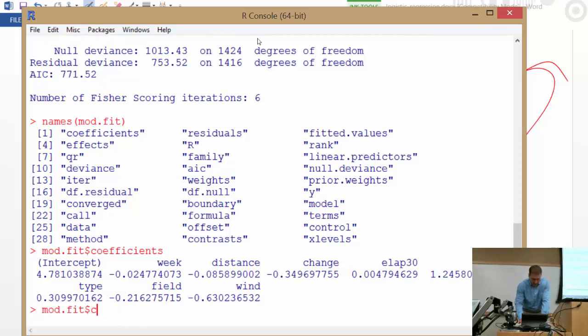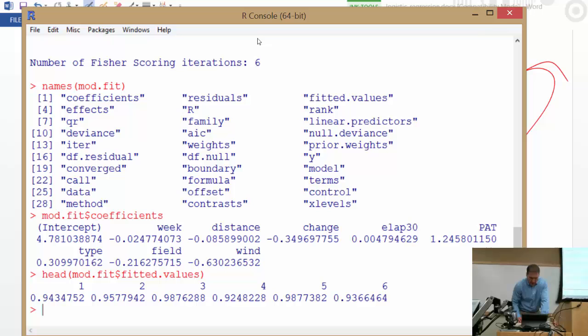If I do mod.fit$fitted.values, and do a head on that, you get all the pi hats for the observations in the data set. So for example, for the very first observation, the estimated probability of success for that place kick is 0.94, according to the model.